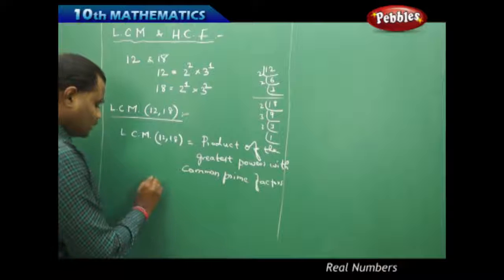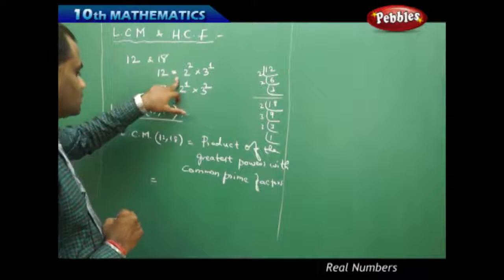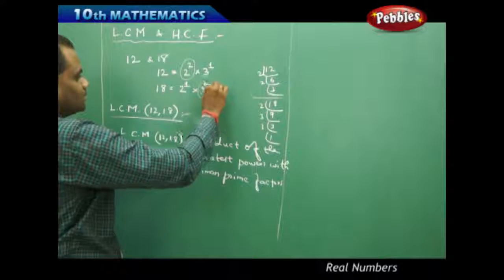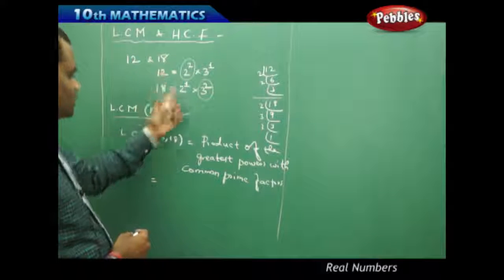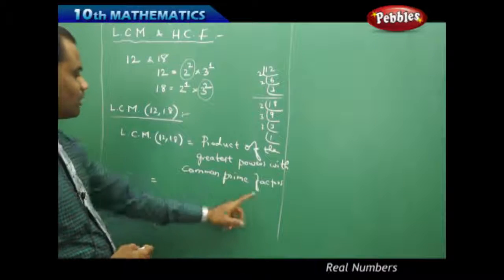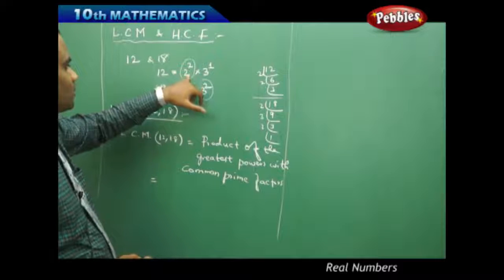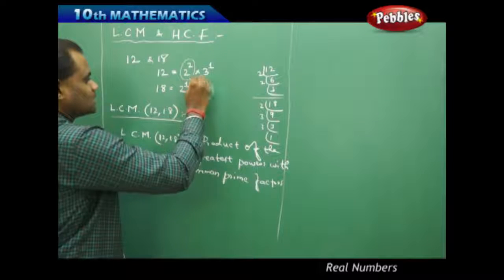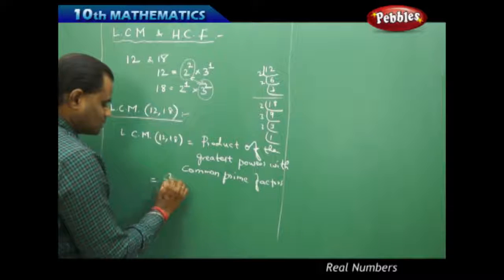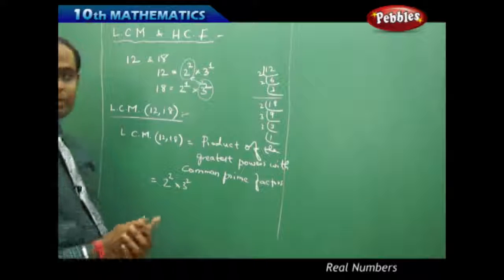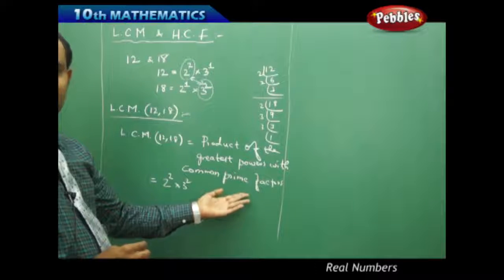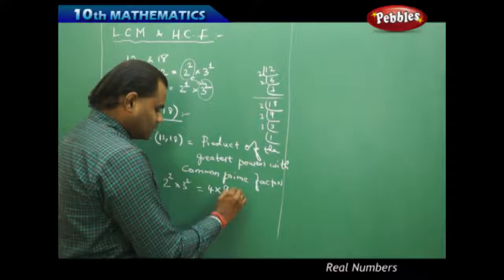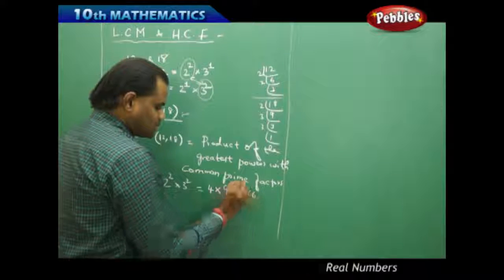In this case of 12 and 18, I identify that the greatest power here is 2 power 2 and the greatest power here is 3 power 2. Therefore, the product of the greatest powers with common prime factors is 2 squared times 3 squared. 2 squared is 4, and 3 squared is 9. 4 times 9 is 36.